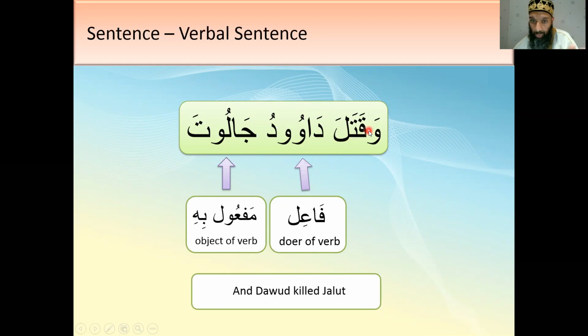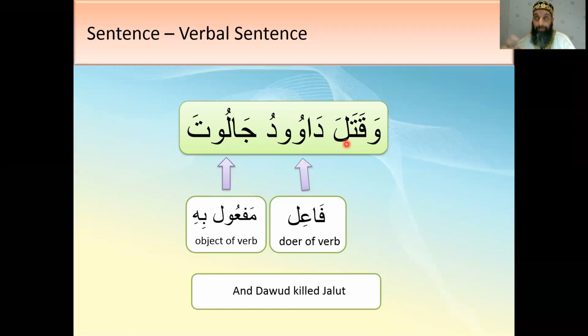So I'm going to give you the rule of grammar. The reason why we learn marfu, mansub, majroor is this. You're Arab. Because marfu, you're Arab. The rule I'm going to teach you is the rule that I want you to learn like the back of your hand. It's the rule that I'm going to make you repeat.